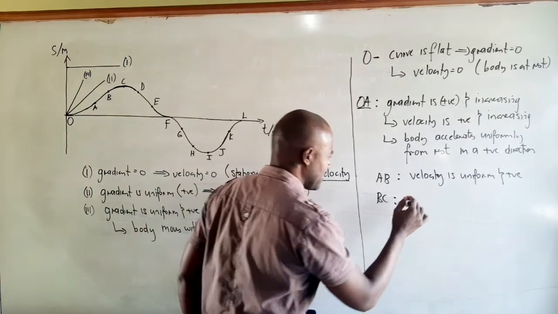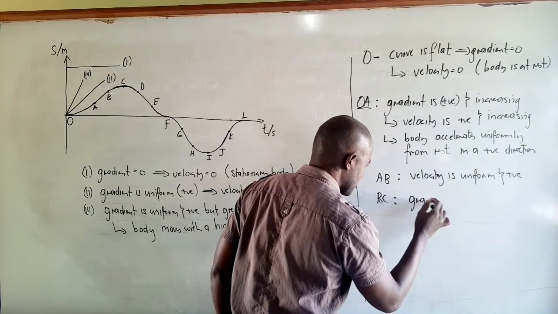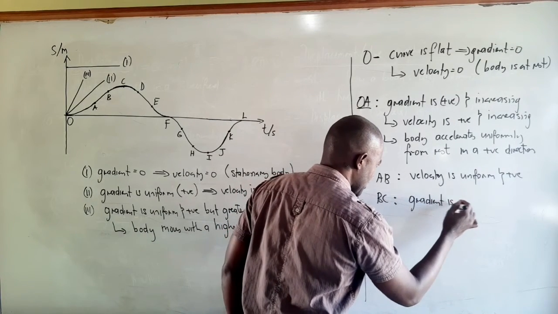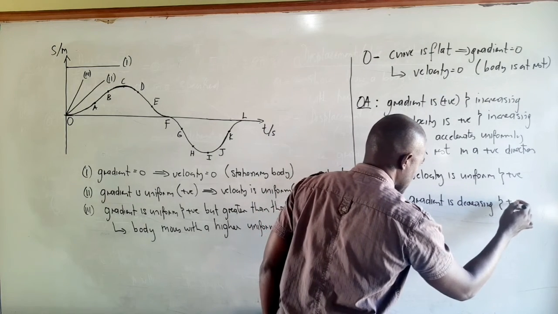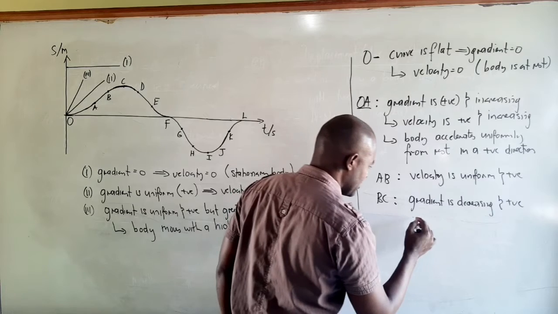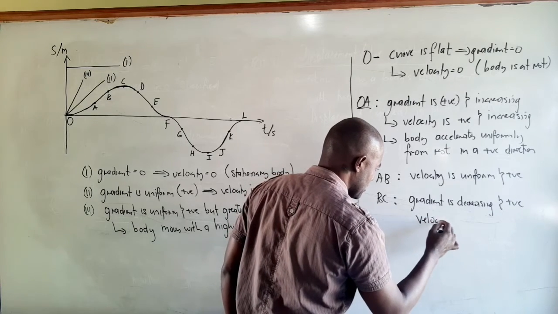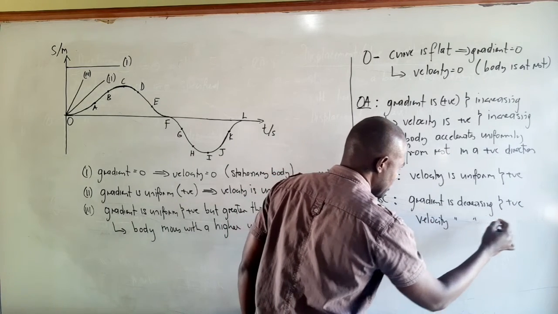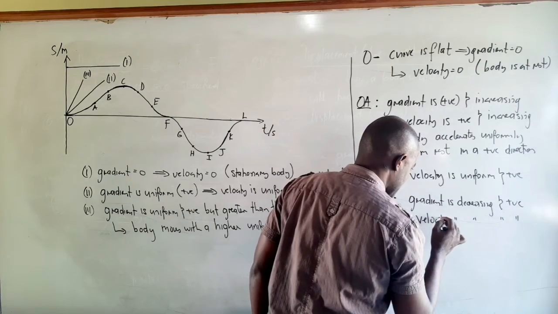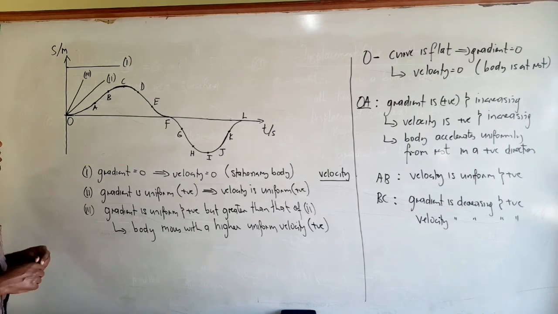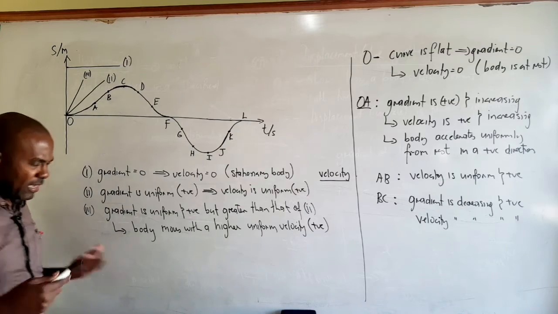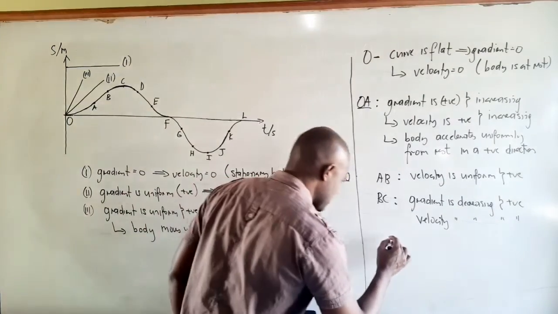So we say that the gradient is decreasing and positive, and this therefore means that the body's velocity is decreasing and positive, right? So BC basically shows that the gradient is decreasing and positive, but of course that means that the velocity is decreasing and positive.